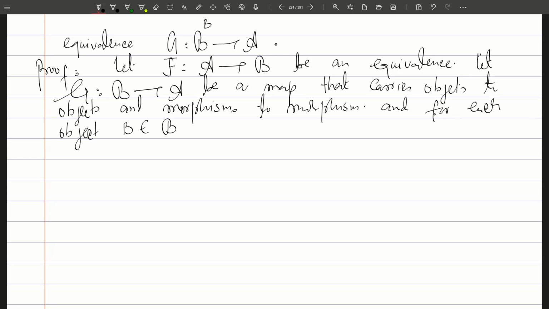Now one should keep in mind that F from A to B being an equivalence means that if we choose any object B in B, then there is an object A in A such that F of A is isomorphic to B. For each object B, choose an object GB, which is an object in A, and an isomorphism.